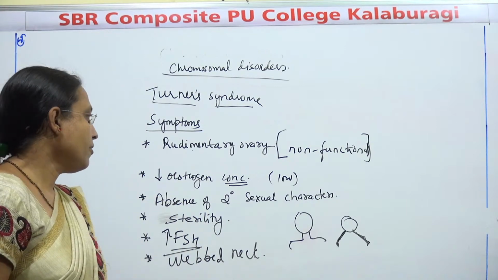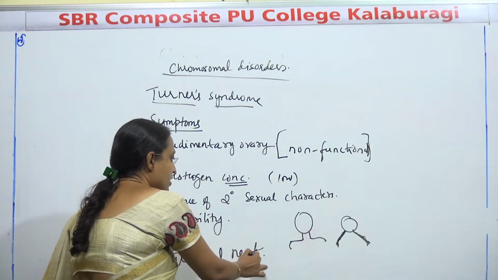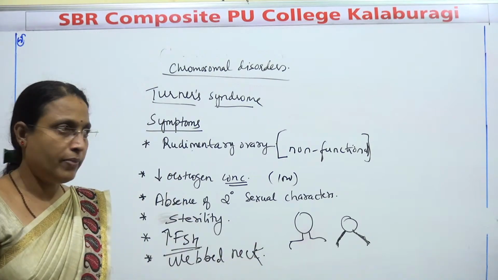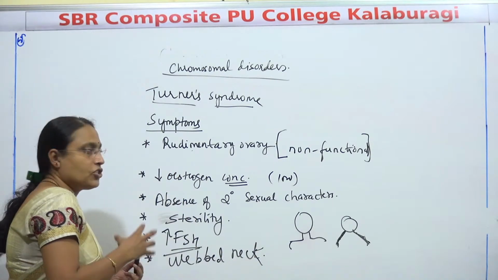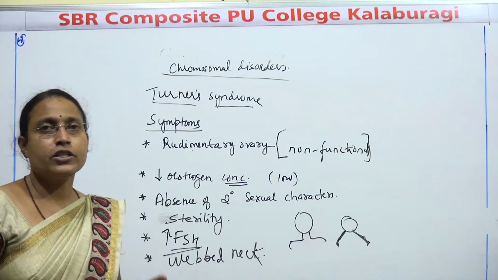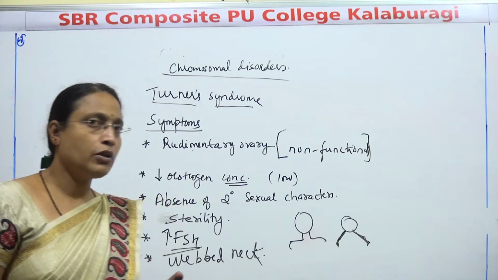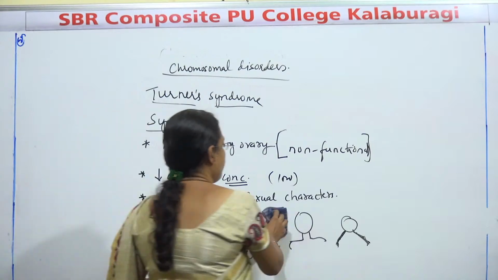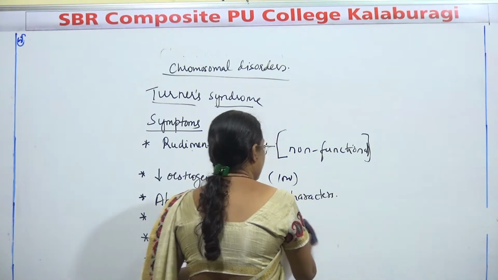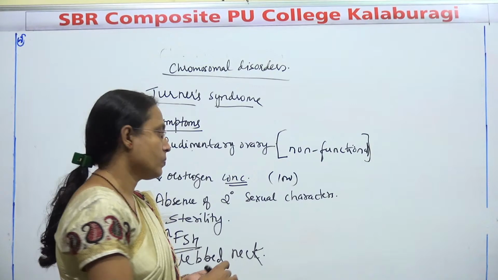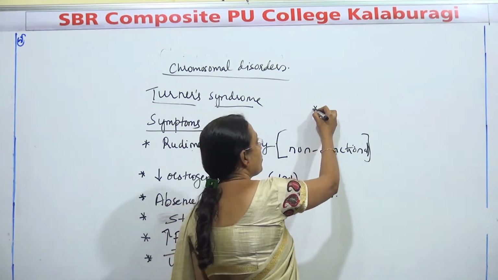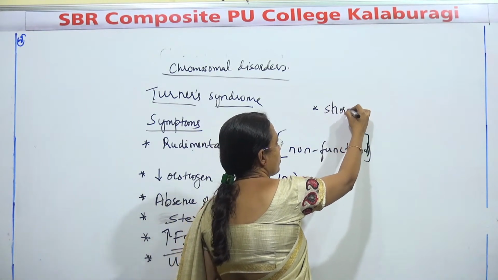So a webbed neck is present. Typically they will have a webbed neck. And also their stature will be short. They won't be tall women, but their stature will be short. Short stature.